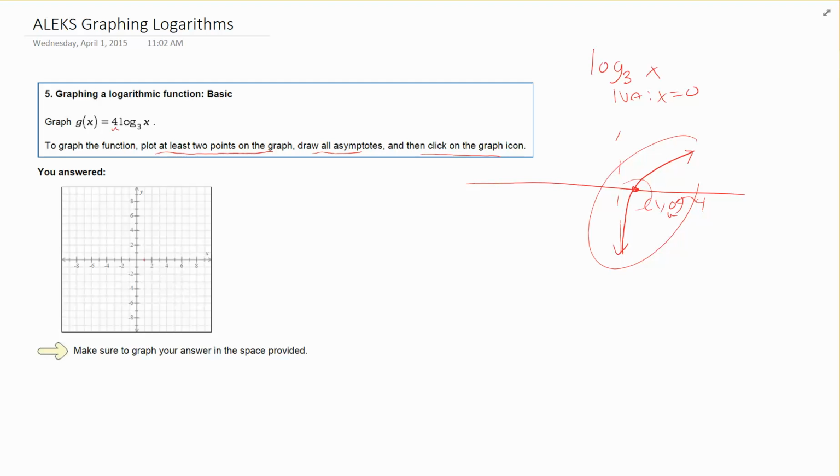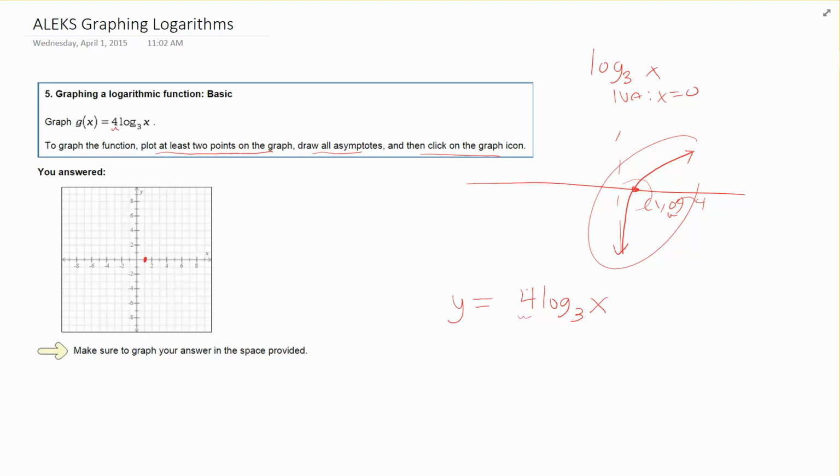So I would graph first 1, 0. So there's one ordered pair. To find another ordered pair, you can take the equation and rewrite it as y equals 4 times log base 3 of x, and then you can get rid of the log by doing exponential form. The problem is we have this 4 that's in front of the logarithm.